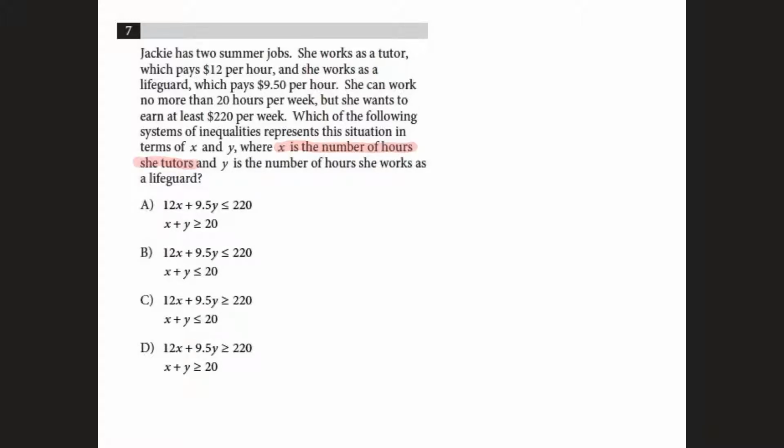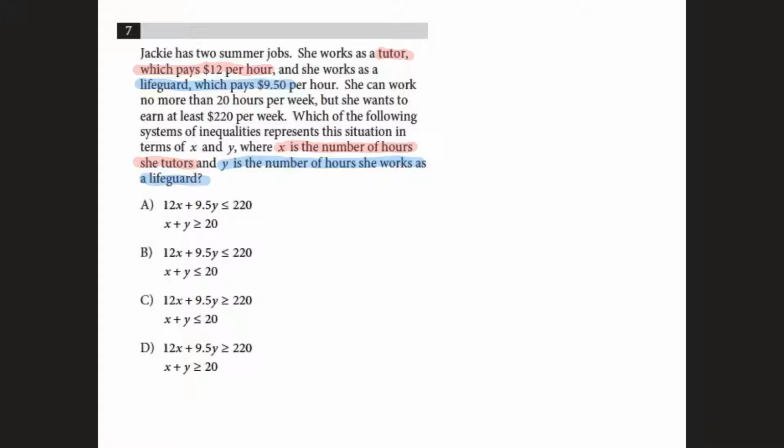Okay, and that looks like she's getting paid $12 an hour for tutoring. And y represents the number of hours she works as a lifeguard. And if she works as a lifeguard, she's going to get $9.50 per hour. Okay.